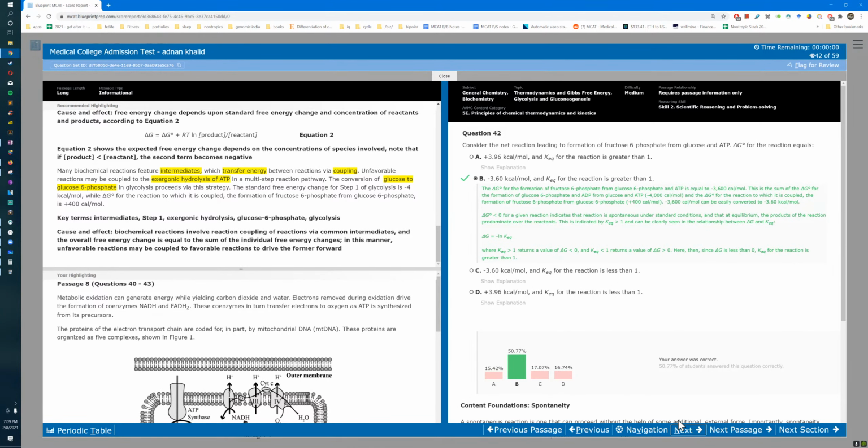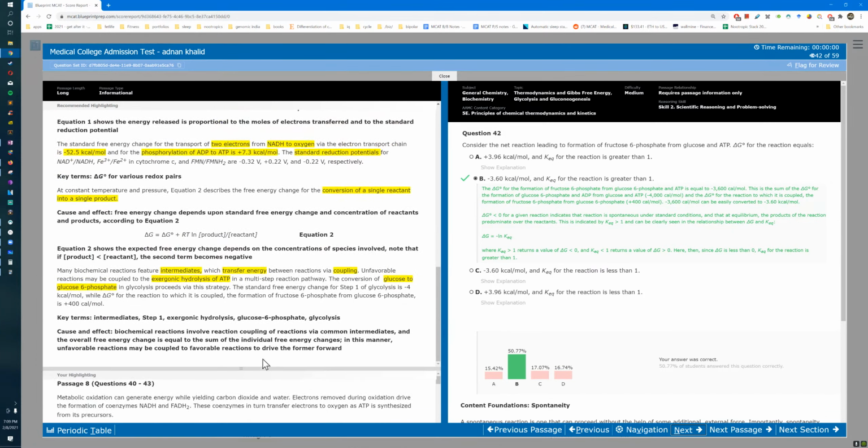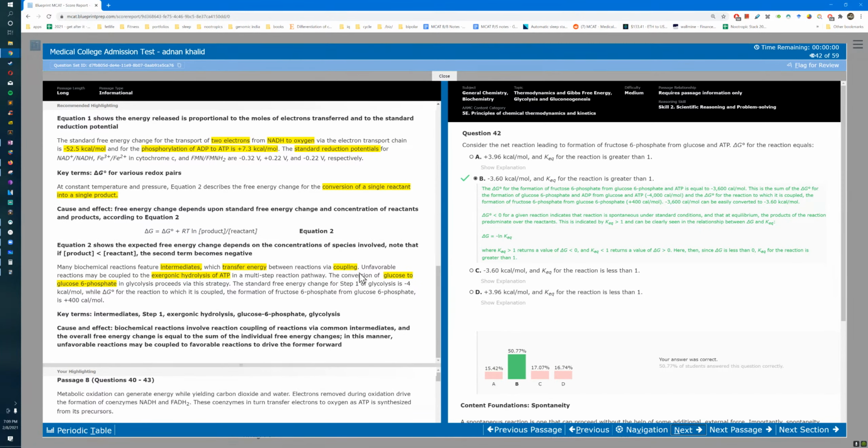This one, again, I did pretty fast, but I just looked at what basically happens for formation of fructose 6-phosphate from glucose and ATP. So I know that step 1 of glycolysis is -4 kilocals, aka -4,000, right?